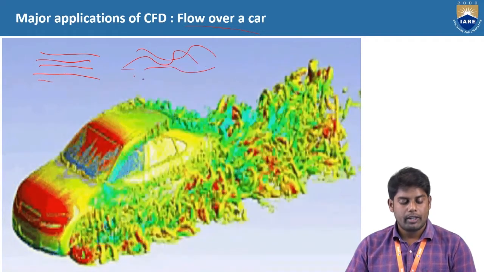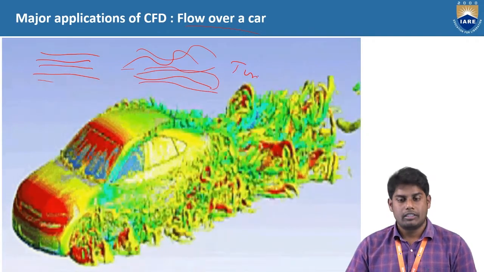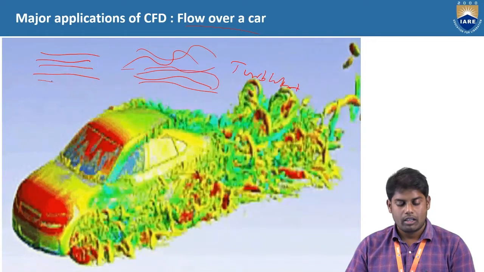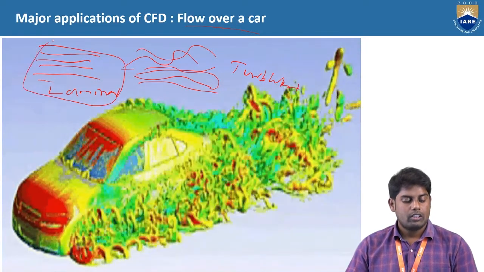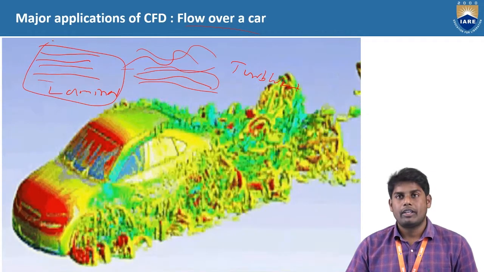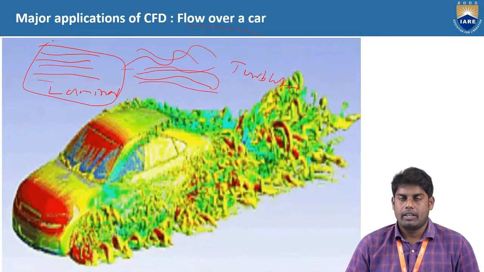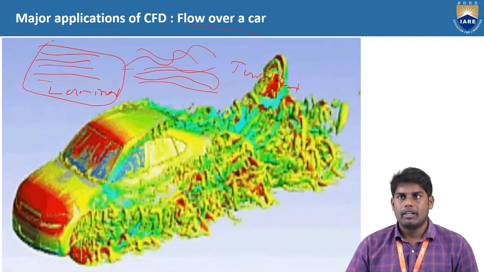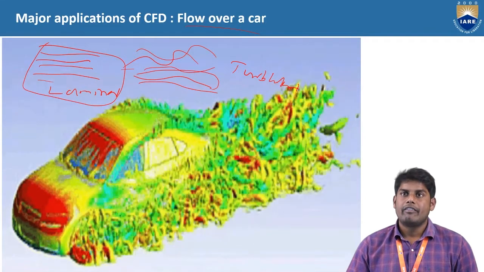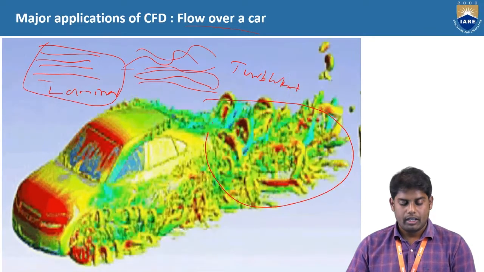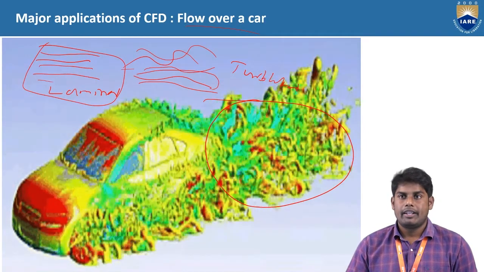So this is turbulent, and this is laminar. Okay, so laminar flow is where fluid flow is very smooth and regular. You can see turbulent is chaotic, and mixing will happen. So here you can see that the flow is chaotic and it's turbulent.